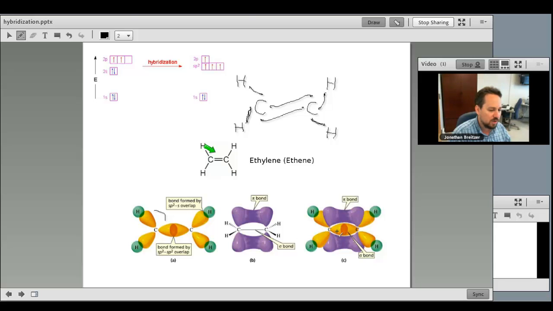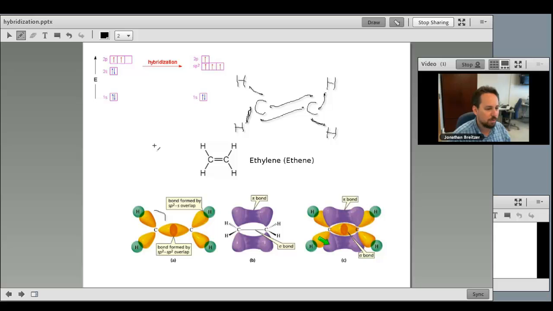Now when you put all these together, it looks a lot like a triple bond, but it's actually only a double bond. The sigma bond is in the middle in yellow, and the pi bond is in purple, above and below the plane of the molecule, and that only counts as one pi bond. So that's why this is a double bond. Whenever you see a double bond, think of that as one sigma bond and one pi bond.